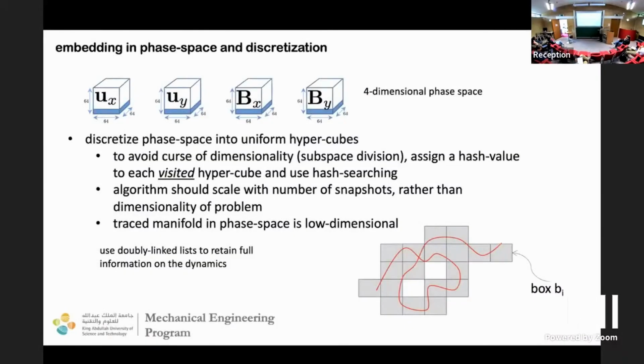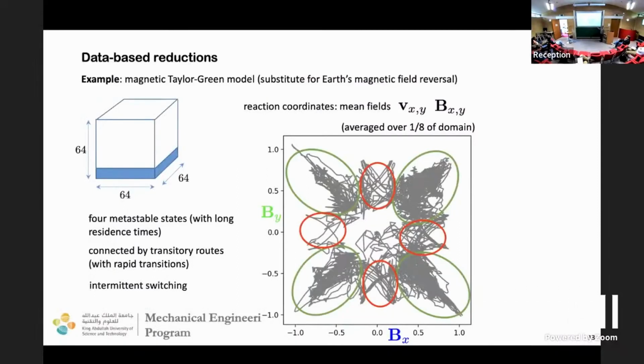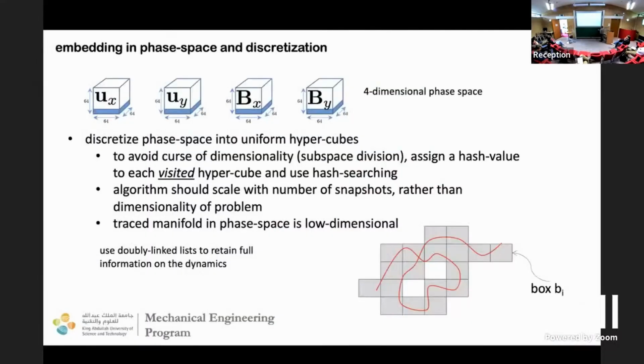So what we actually do now is we take this phase space here. Of course, it's 4-dimensional, but now we only plot it in 2 dimensions. And we're going to discretize that one. We're going to discretize the phase space into uniform hypercubes, and these hypercubes are 4-dimensional phase space. So to avoid the curse of dimensionality, because if I discretize each phase space direction in only about 10 or 20 points, I get an enormous amount of little hypercubes.